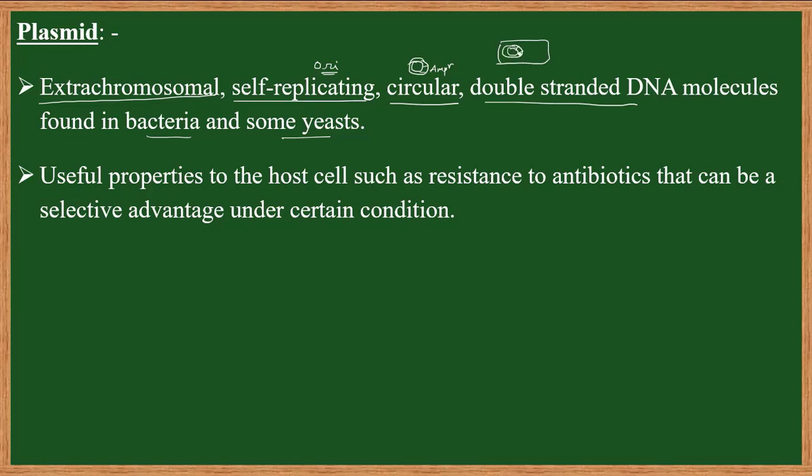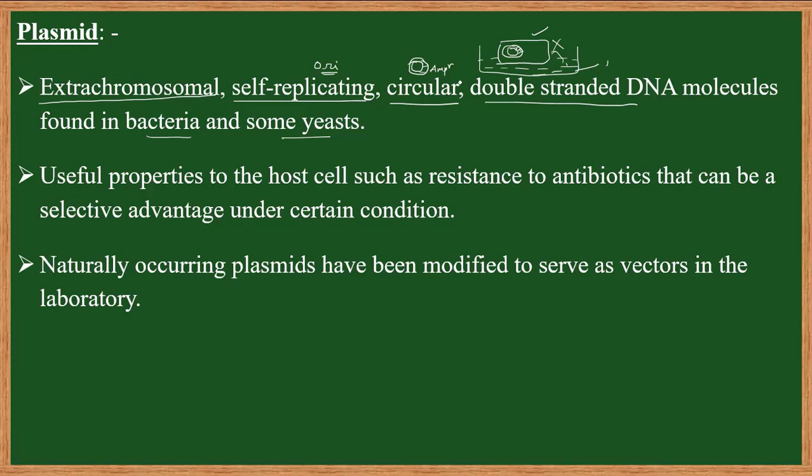Now the host cell has the antibiotic resistance gene, and when we introduce it into a medium that has the antibiotic ampicillin, there is no adverse effect, meaning the cell can easily grow. If it has no such selectable marker, then these cells will not grow. So these are the features of a selectable marker.